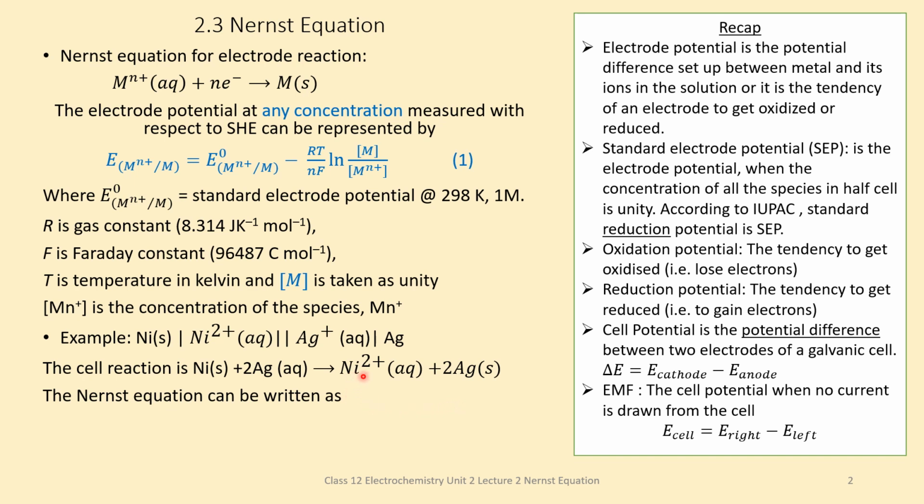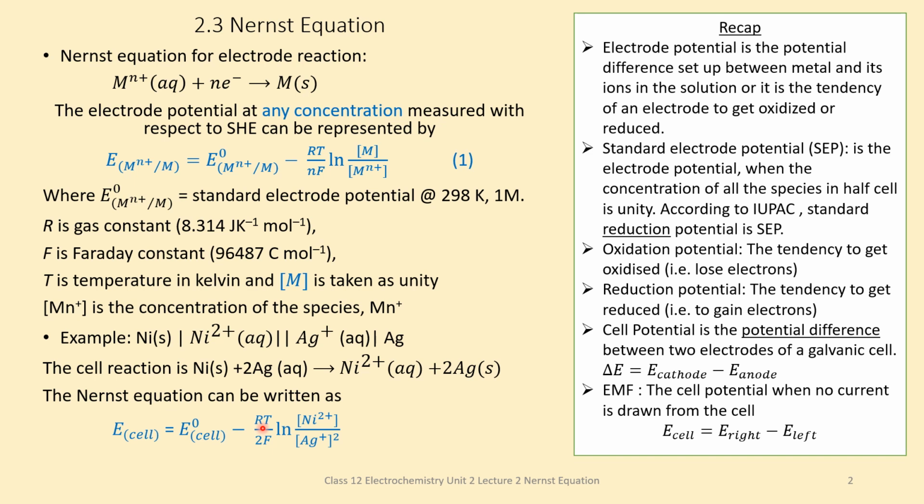The Nernst equation for this cell reaction can be written as, please note here there are two ions, E of cell is equal to E naught of cell, where E naught of cell is the standard electrode potential at 298 Kelvin and 1 molar concentration, minus RT over 2F.